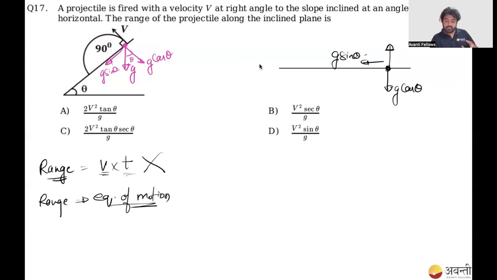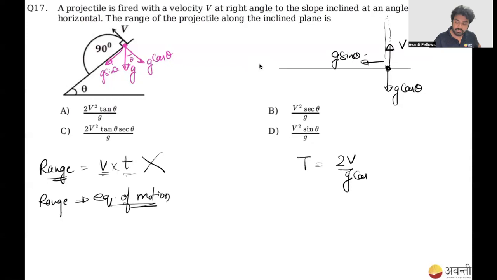Now, if this projectile is on this horizontal plane, how much time will it take to go up and come back? It is projected with a velocity of v. So how much is the time of flight, bachcho? Time of flight is 2v upon g, correct? But here g is not g. g is g cos theta.